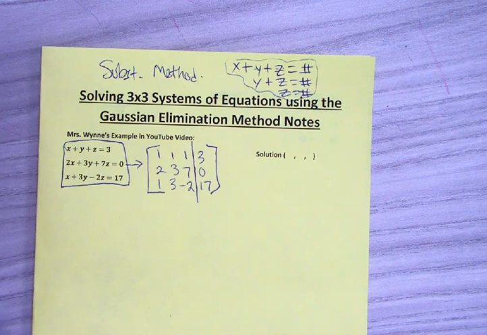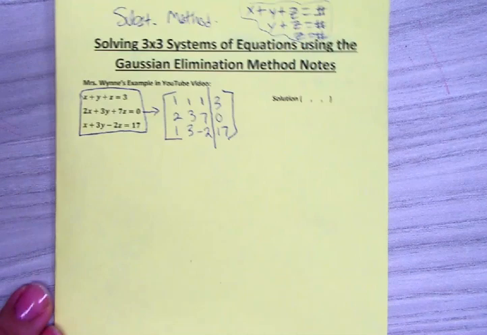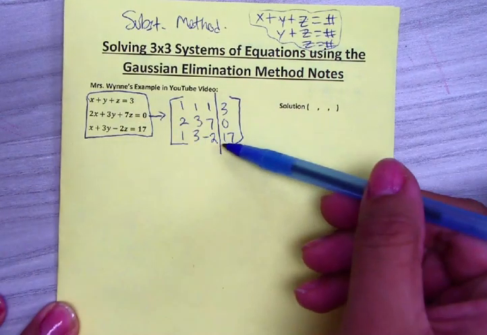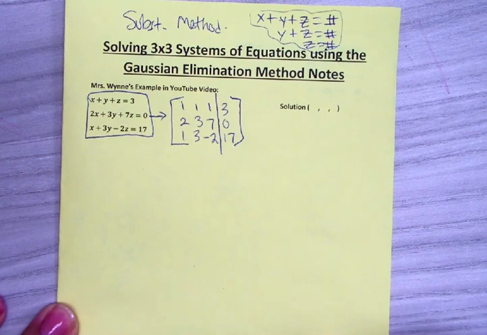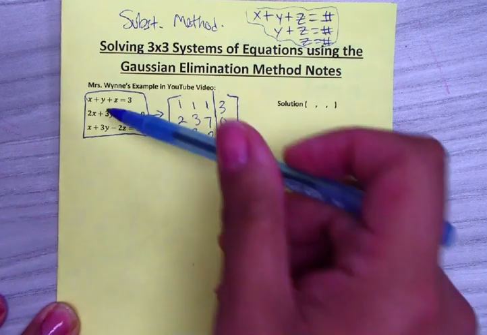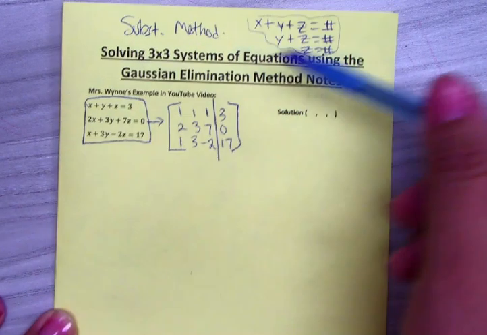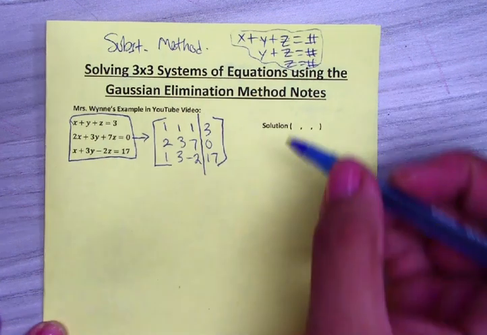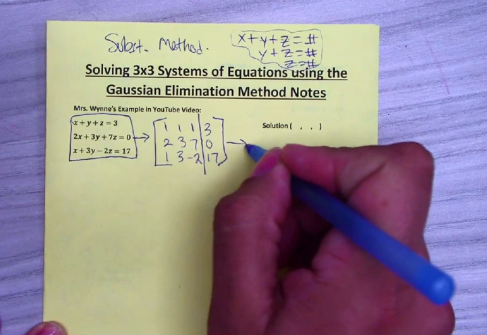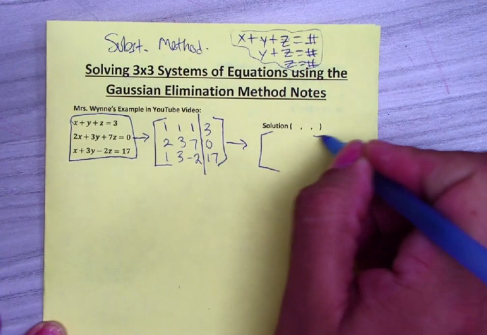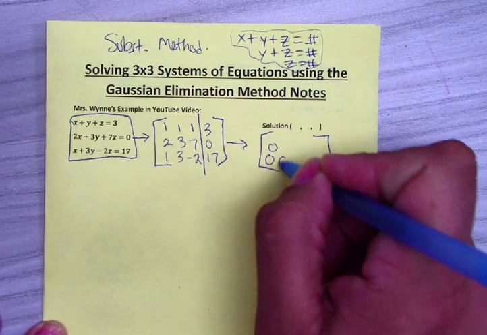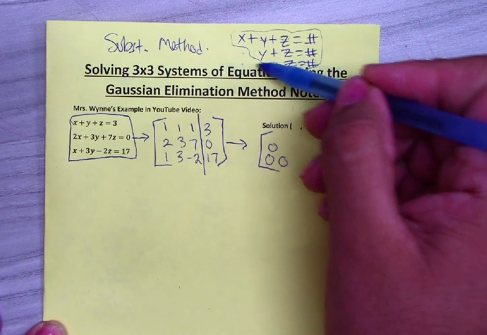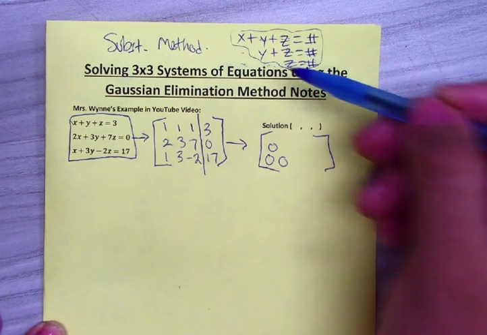As we do the elimination method, you're going to start noticing a pattern. The whole purpose of doing all the math that we're about to do is to make these equations look like that. And you'll see in a little bit. So in order for that to happen, your goal is to make this matrix have 3 zeros in this corner, which is the space where we don't have any equation or letter.